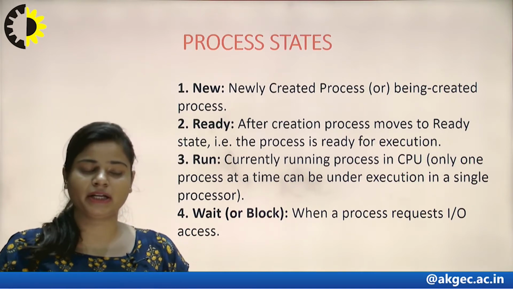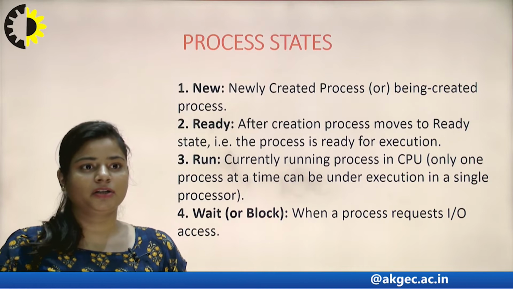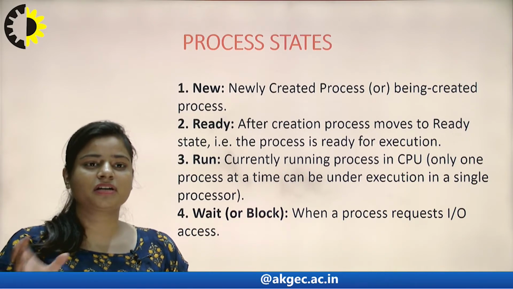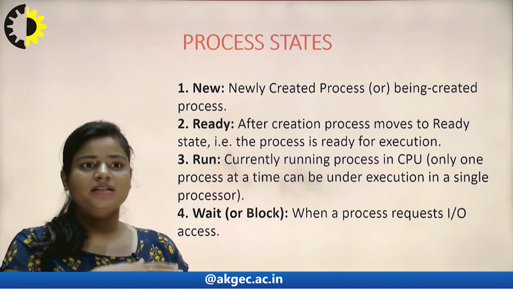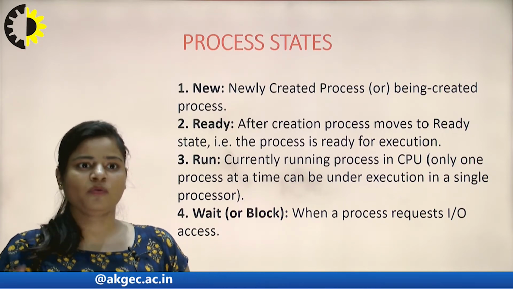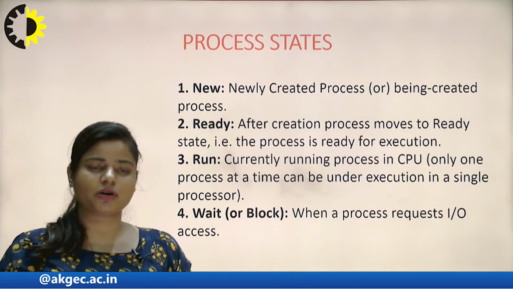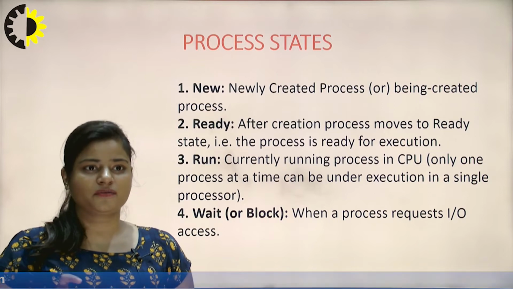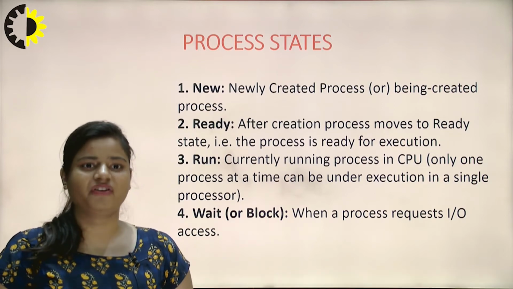Waiting is something like you are waiting for a train or a bus. That is your waiting state at the station. Whenever a process wants to execute but, due to some situation or condition, has to wait for execution, this state is called the wait state.